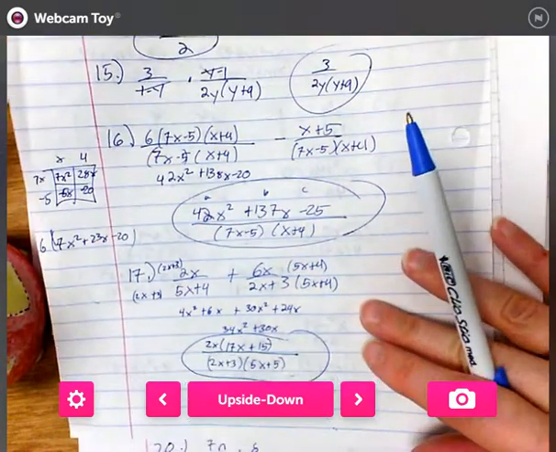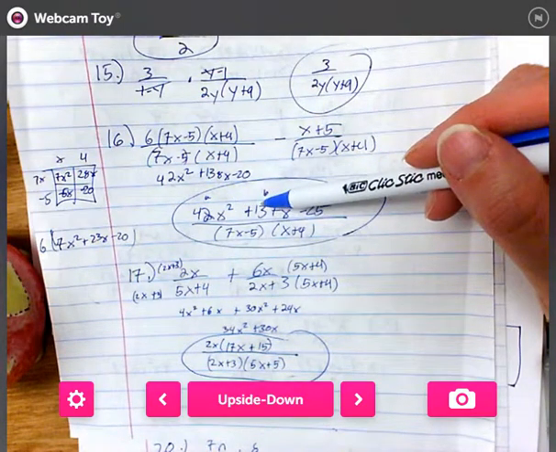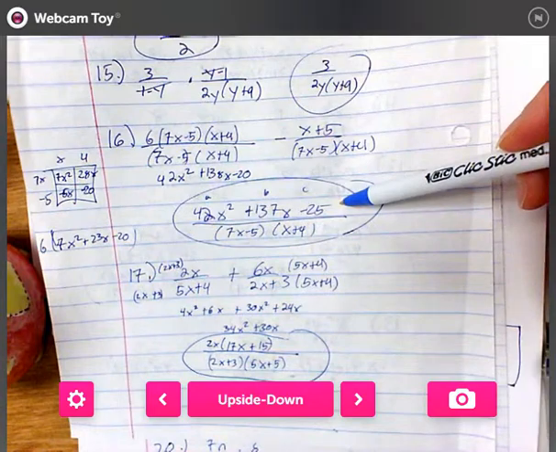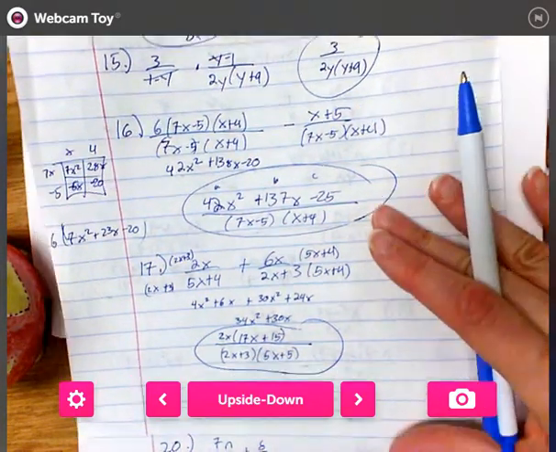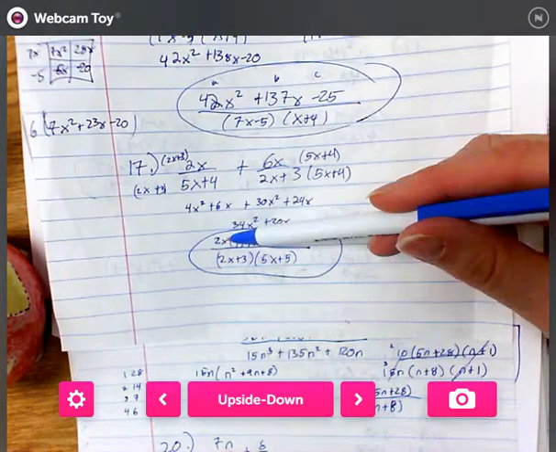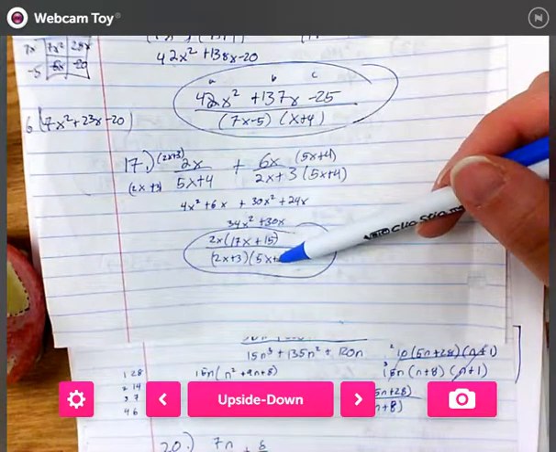Number 16 is 42x squared plus 337x minus 25 over (7x minus 5) times (x plus 4). Number 17 is 2x times (17x plus 15) over (2x plus 3) times (5x plus 5).